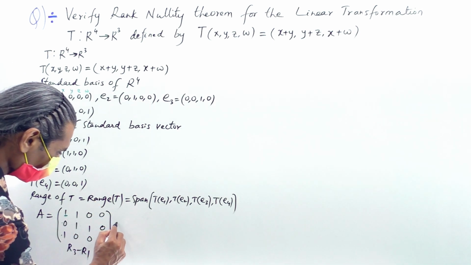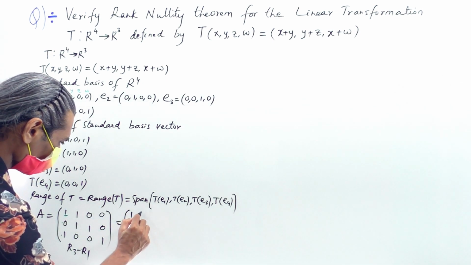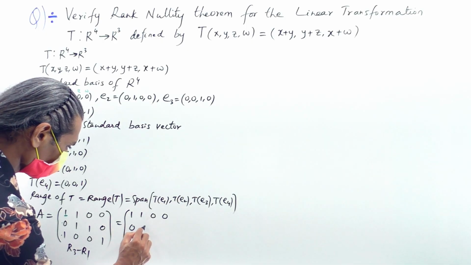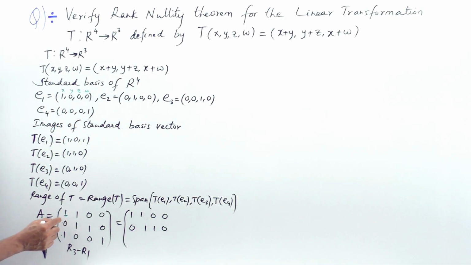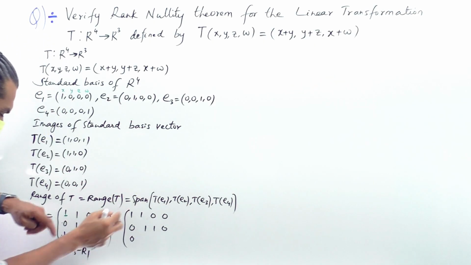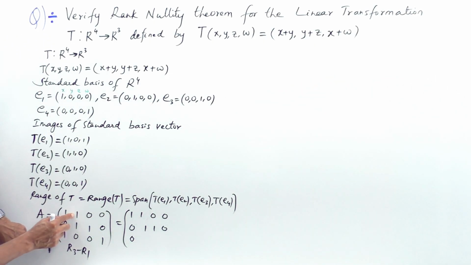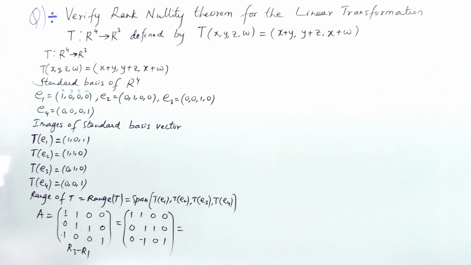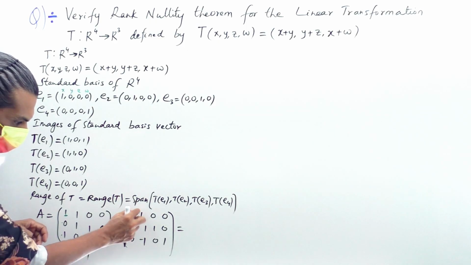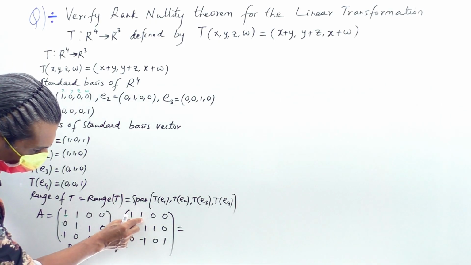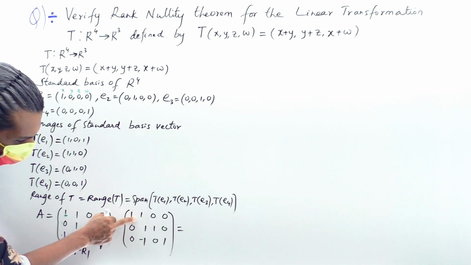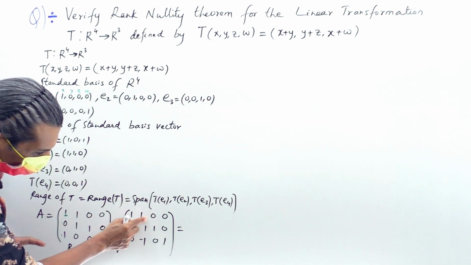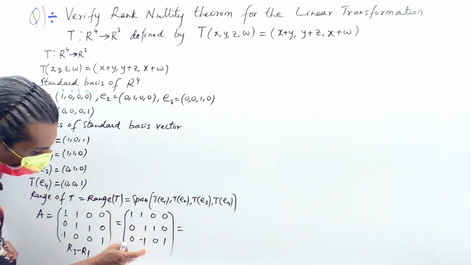So that will be, step by step, 1, 1, 0, 0 as it is, 0, 1, 1, 0 as it is. 1 minus 1, 0, then the whole row is operated: 1 minus 1, 0, 0 minus 1, minus 1, 0 minus 0, 0, 1 minus 0, 1. Below the first element all are 0. Next, making use of the second element, I have to make this minus 1 into 0.